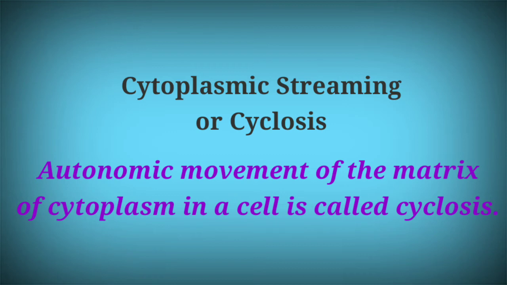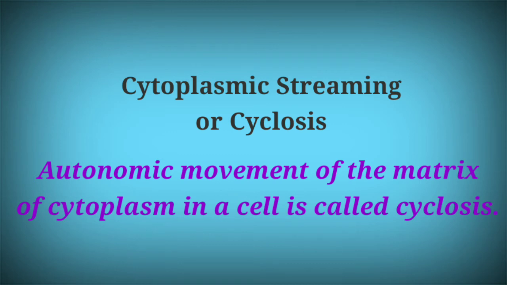show this movement quite distinctively. And this particular movement, which is autonomic in nature, that means it cannot be regulated. It is the autonomic one. It is a self-regulated process. So this autonomic movement of the matrix is what is called cyclosis.